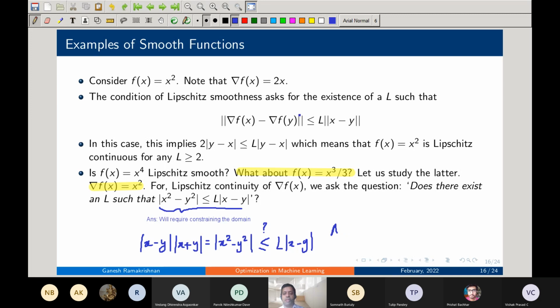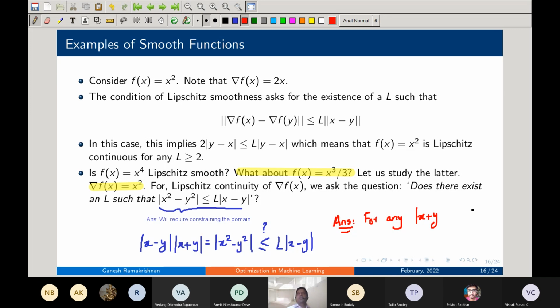The answer is, when x plus y is less than L. What does x plus y less than L mean?